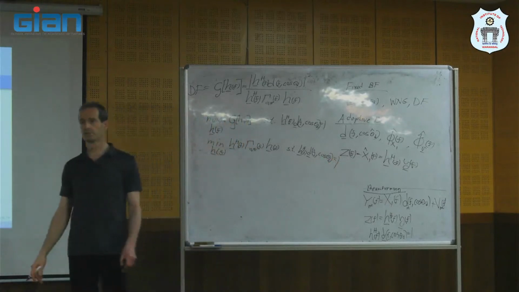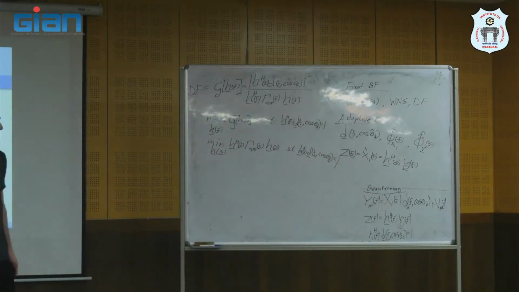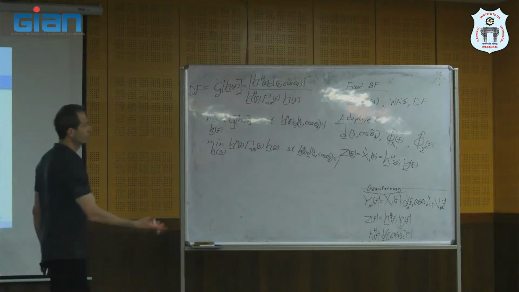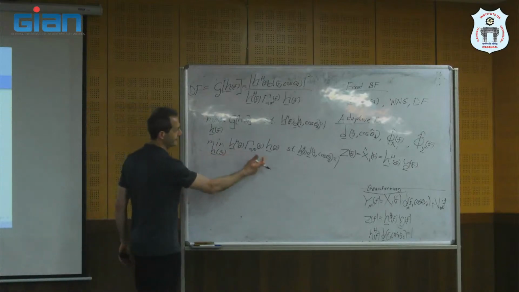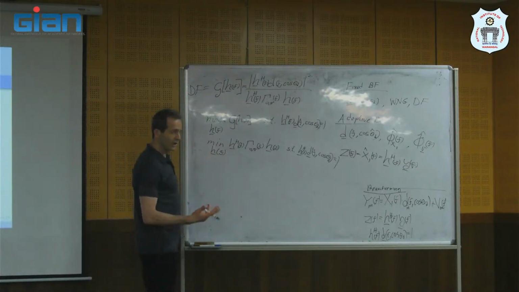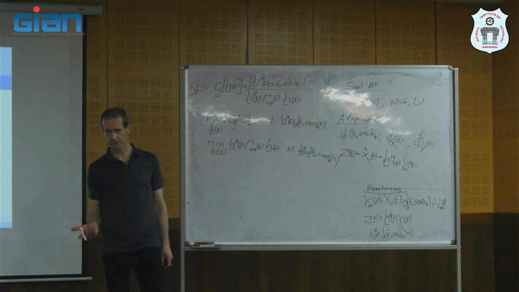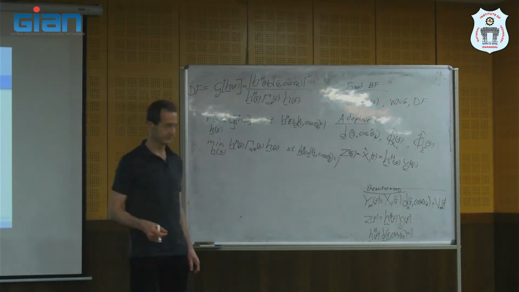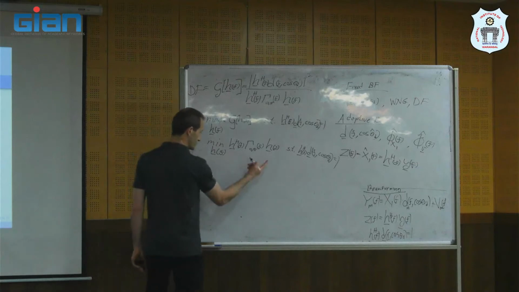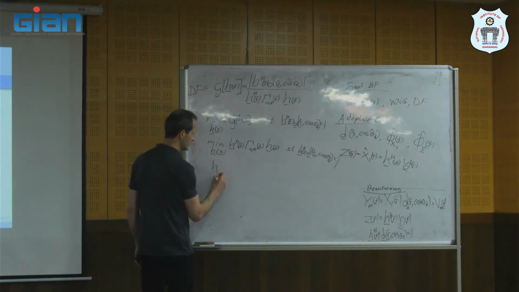Now, how do we find this? We know how to solve this problem with the Lagrange multiplier. The solution for this problem we call the max DF beamformer.